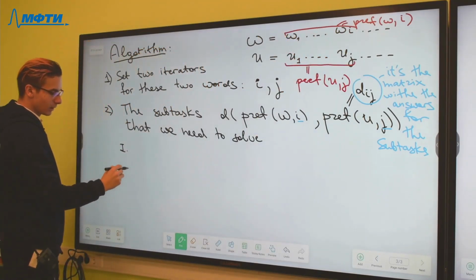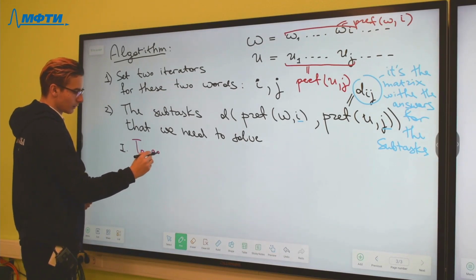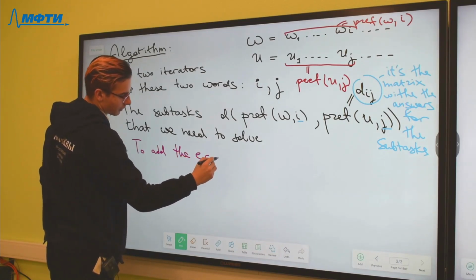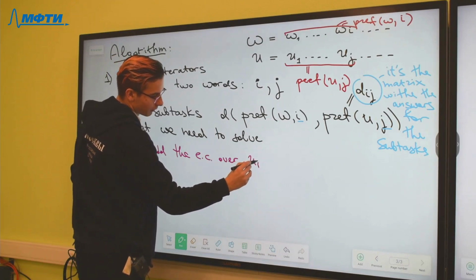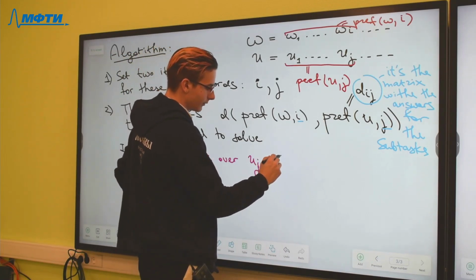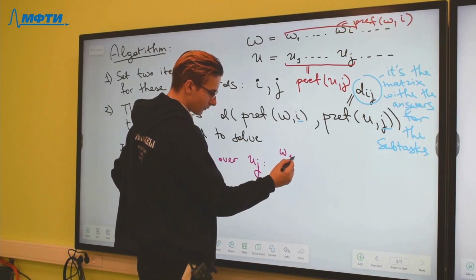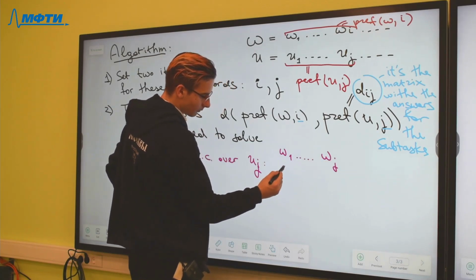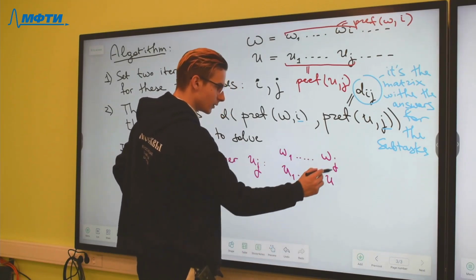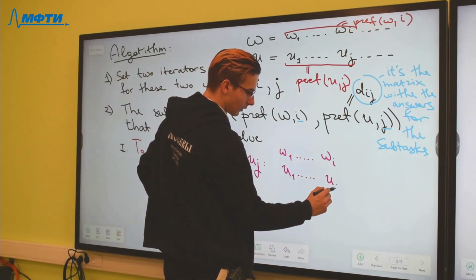So the first way, yeah, is to add the empty character over UI or UJ. So we need to compare W E, G minus 1.